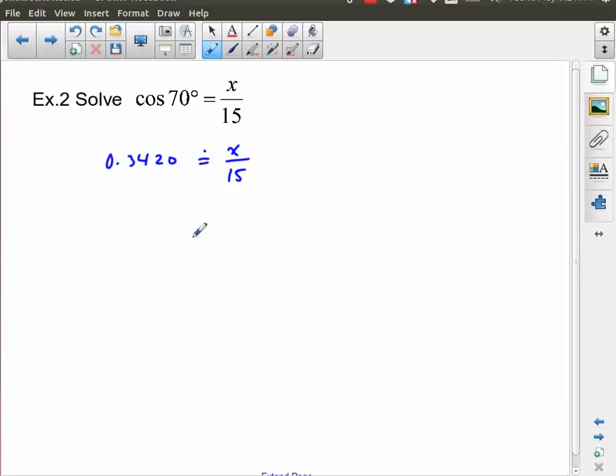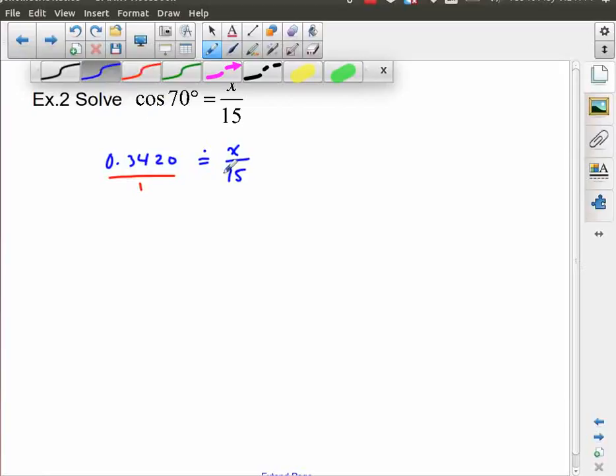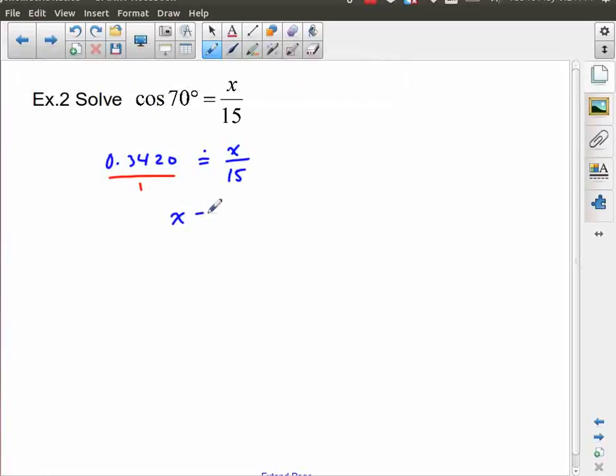It's now approximate. Then I'm going to remember that this is still something over 1, so I can cross multiply here. And so I actually end up with x is approximately equal to 15 times 0.3420, and that is equal to 5.13.